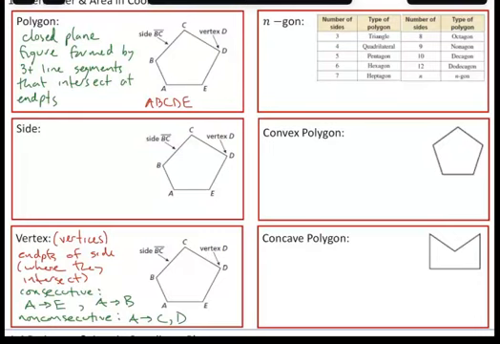Okay, the side is pretty standard or straightforward. It's that segment itself, the segment that connects 2 endpoints. And again, those endpoints are called vertices. And so when you're looking at these, you also have consecutive and non-consecutive sides.